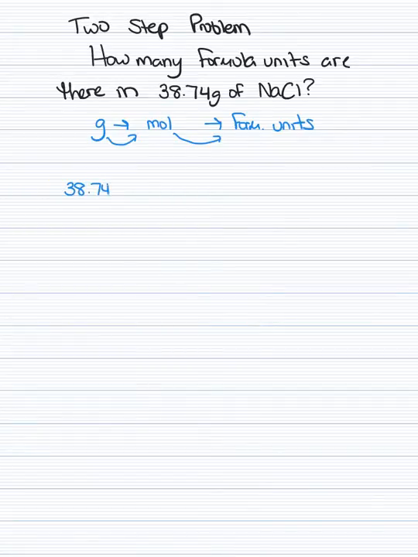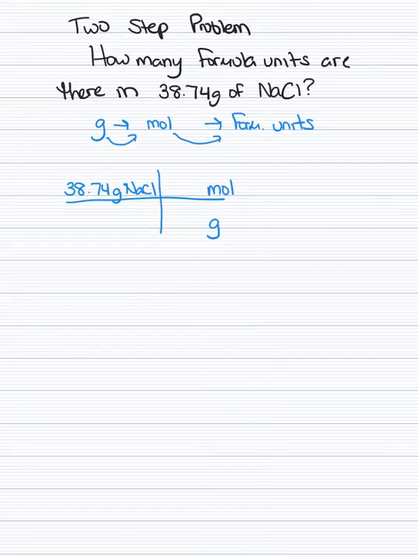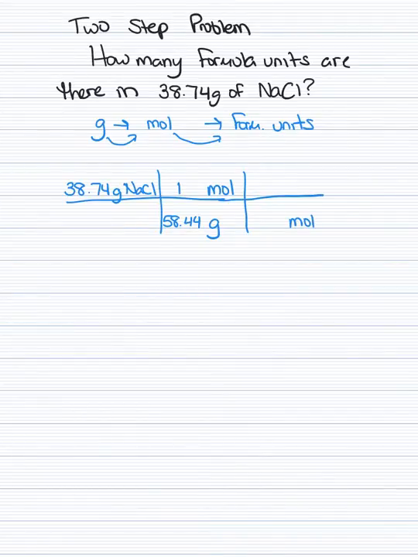So we start off with 38.74 grams of NaCl. We're first going to go from grams to moles, and we're going to use the molar mass of 58.44 grams in 1 mole. At this point, we would have moles of NaCl. But we don't want moles of NaCl, we want formula units.